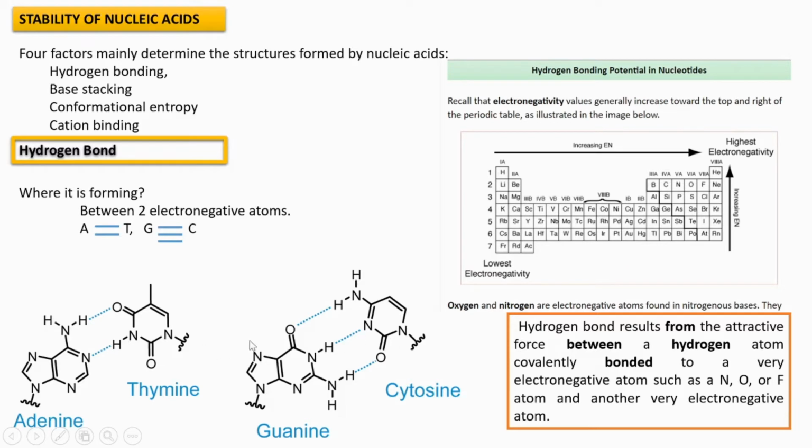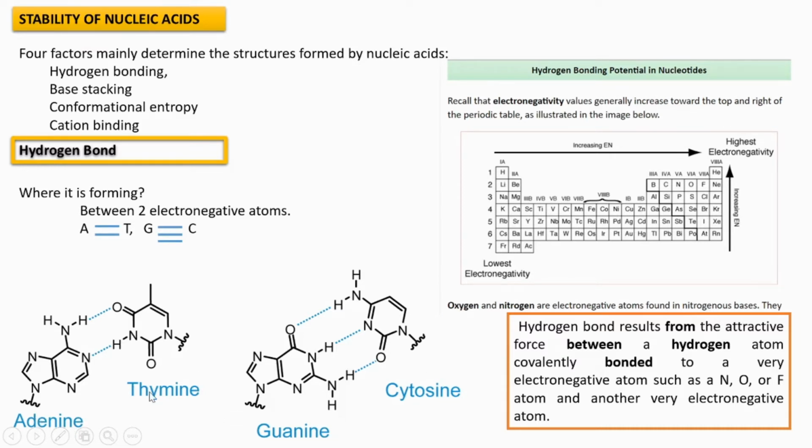Look at this picture. Before that, one more thing I am pointing out: oxygen and nitrogen are electronegative atoms usually present in nitrogenous bases. These four are nitrogenous bases.